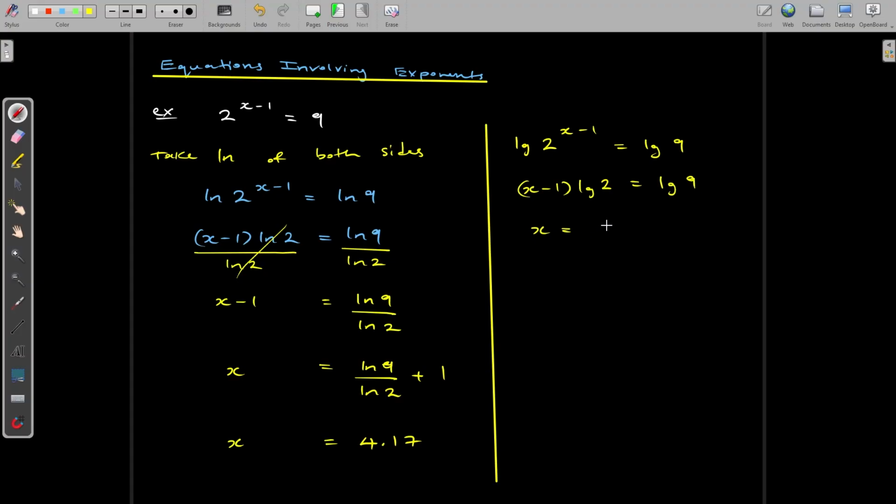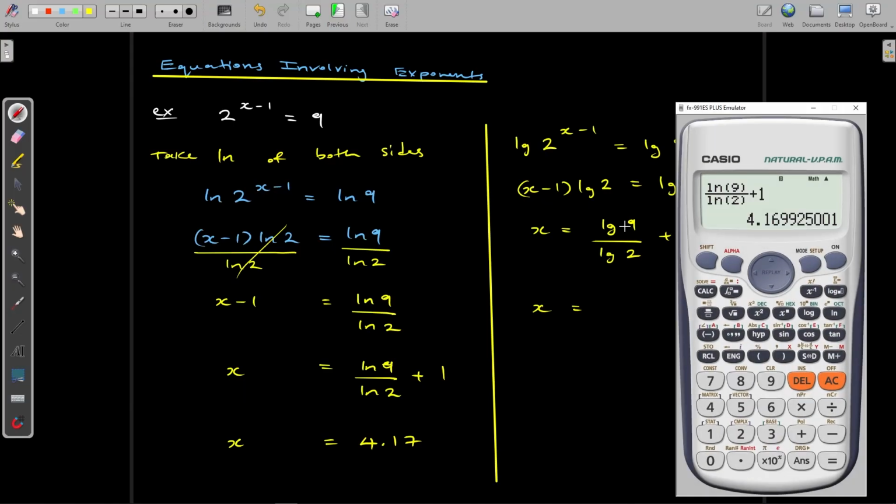So x is equal to, let's find out, moment of truth. So log 9 over log 2. It gives the same thing. Same answer? Same answer. Okay, wonderful.